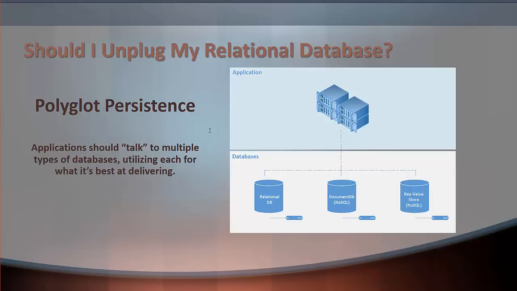In those cases, you have your application, and it is communicating with multiple types of databases in the back end. So you're making some decisions as far as which database you want to use for the kind of data that you want to save on it. For example, if we're dealing with an e-commerce website, you have products and you have customers, it may make perfect sense to store customer and product information, say in a DocumentDB database.